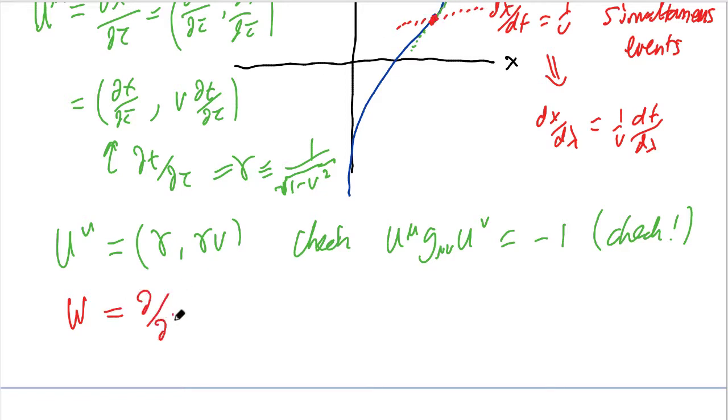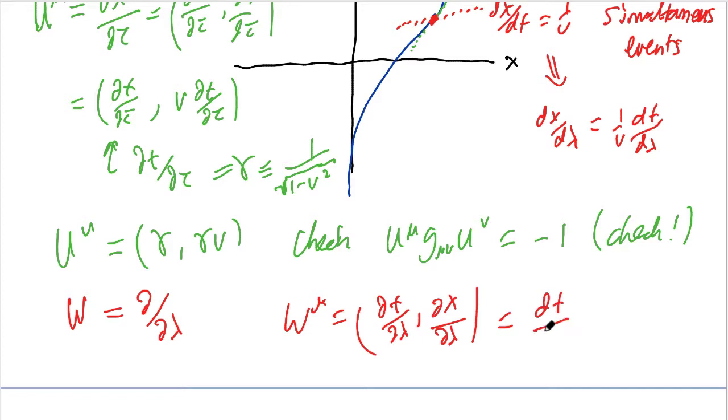So that's the vector d/dλ, and its components would be ∂t/∂λ, ∂x/∂λ. But we now know that dx/dλ is 1 over v.